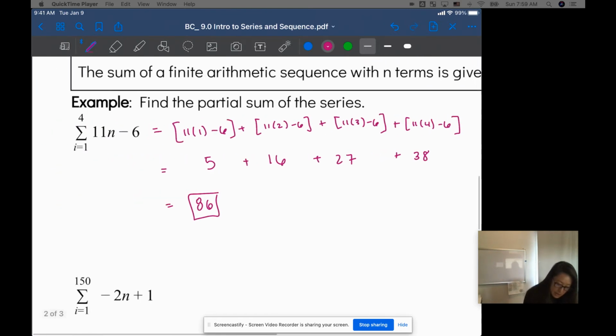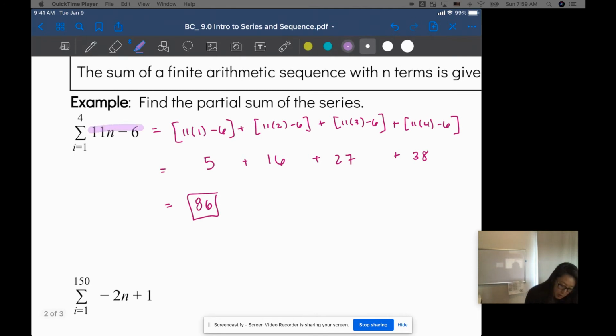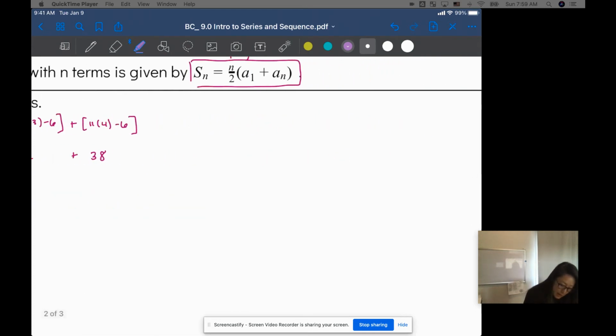But since I recognize that our rule is a linear growth pattern, I'm going to use the formula to solve for a partial sum.